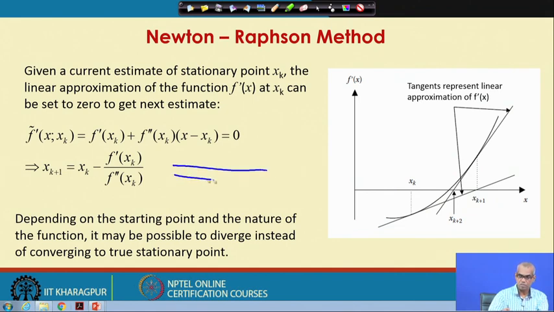So, this is the expression that will be used iteratively to obtain better and better guess for f prime x equal to 0 or the stationary point of the given function.